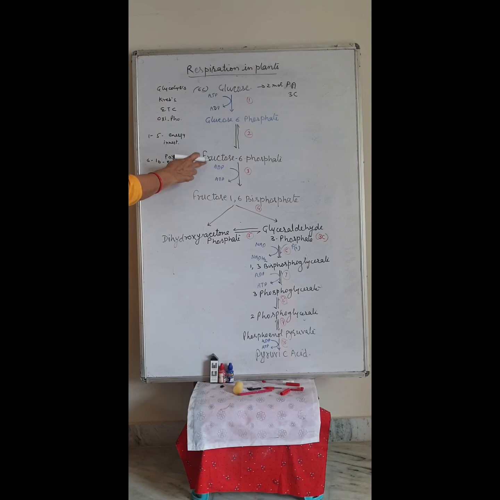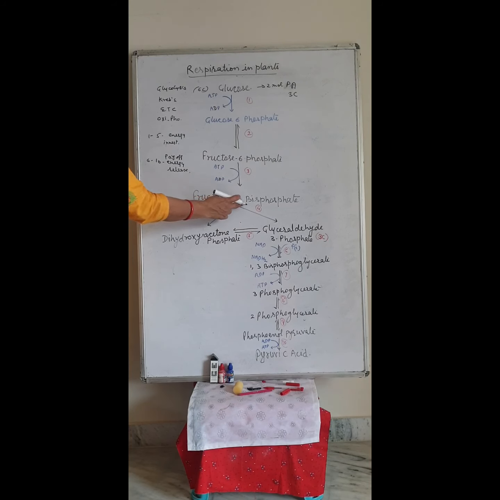In the second step, it is an isomer. It is also a monosaccharide. So no other compound formation is there, only isomerization. So glucose 6-phosphate is converted into fructose 6-phosphate. And for the 1 phosphate again we need ATP converted into ADP. 1 phosphate is released that combines with fructose.